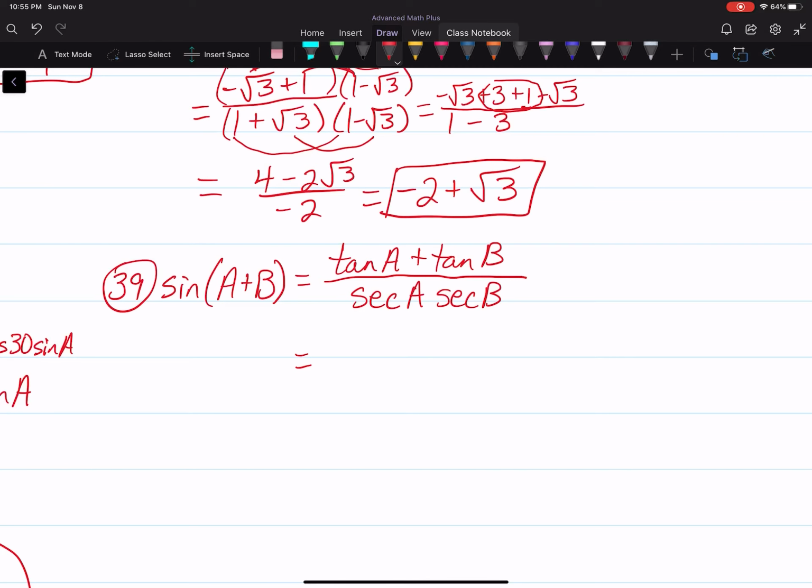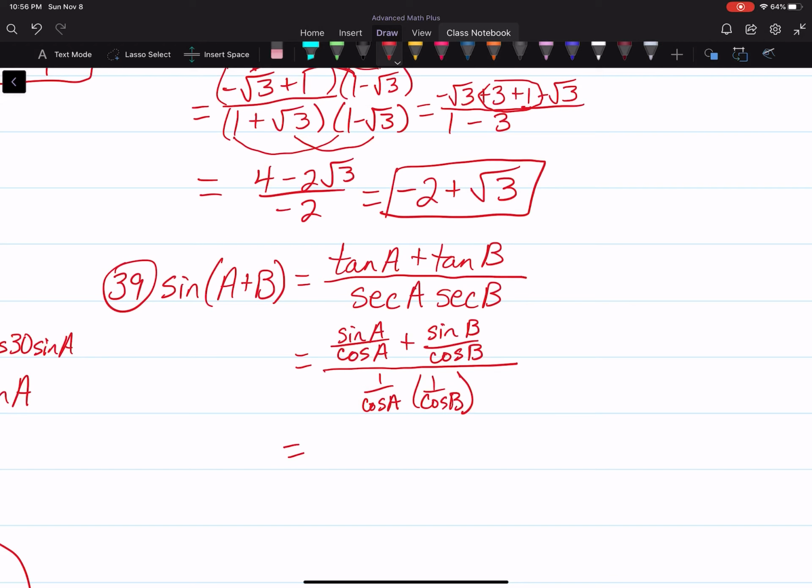That seems like a good idea because we got sine over here. So that's tangent of A is sine A over cosine A plus sine B over cosine B, divided by secants are 1 over cosine A times 1 over cosine B.